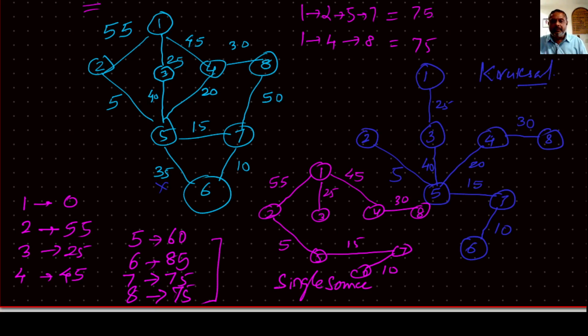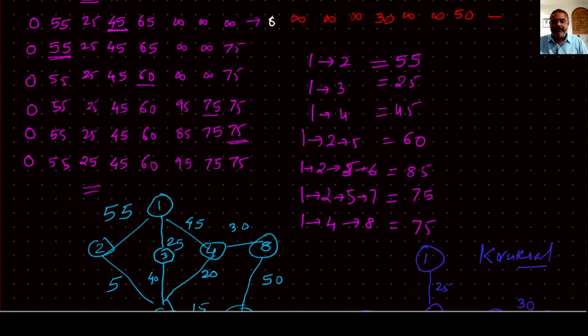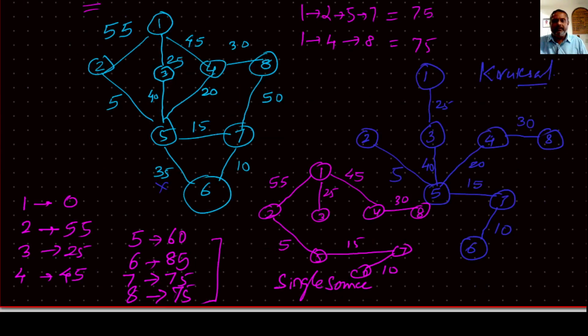This is a single source to all nodes shortest paths. So these are the two trees which are built, one using Kruskal's method, one using the method we just discussed. So that's what we need to understand, and many more issues to come.